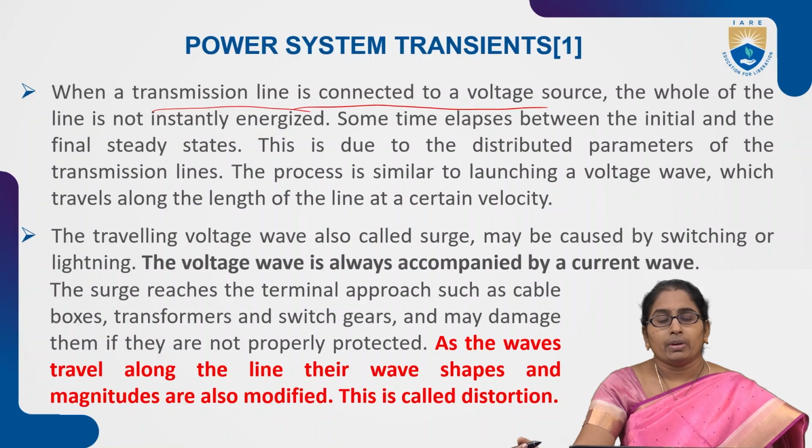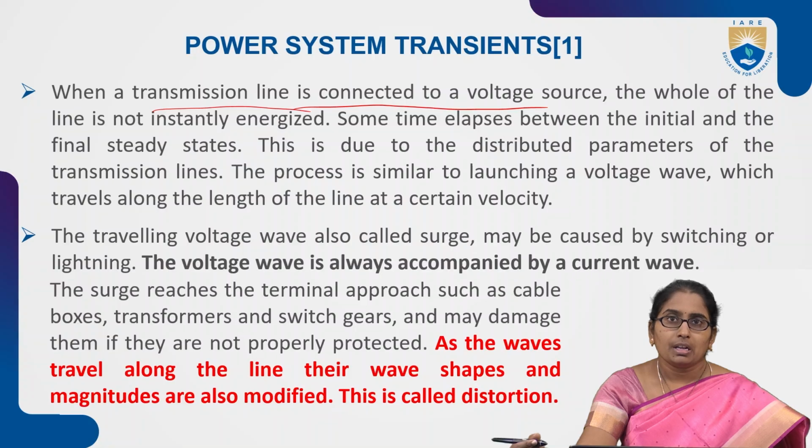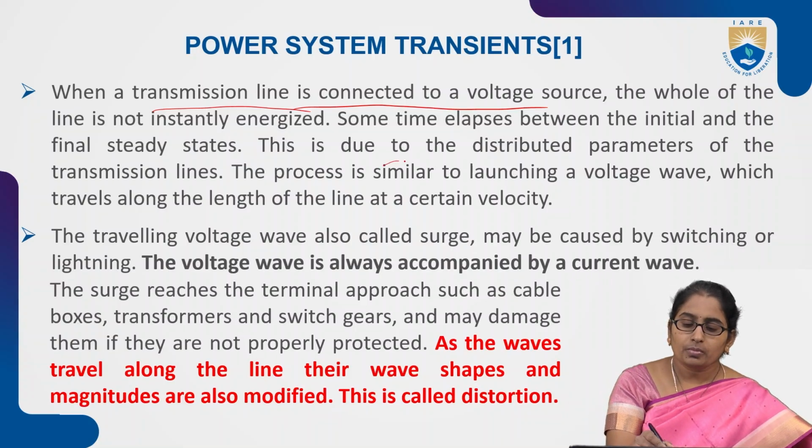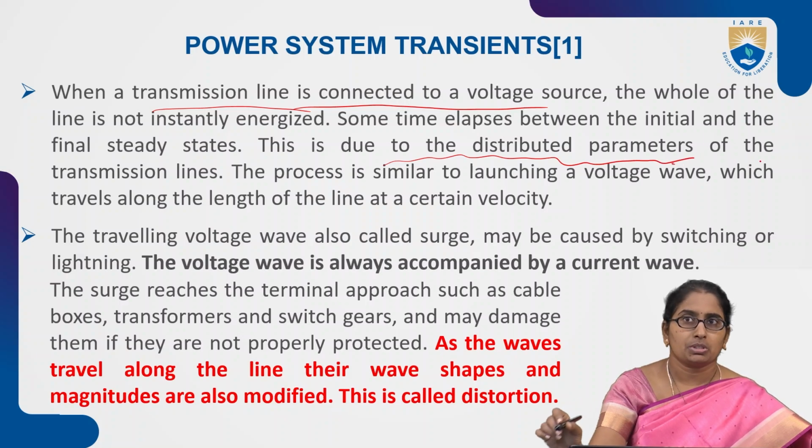There is some time that elapses between the initial and final steady state of the transmission line. This is due to the distributed parameters of the transmission line.